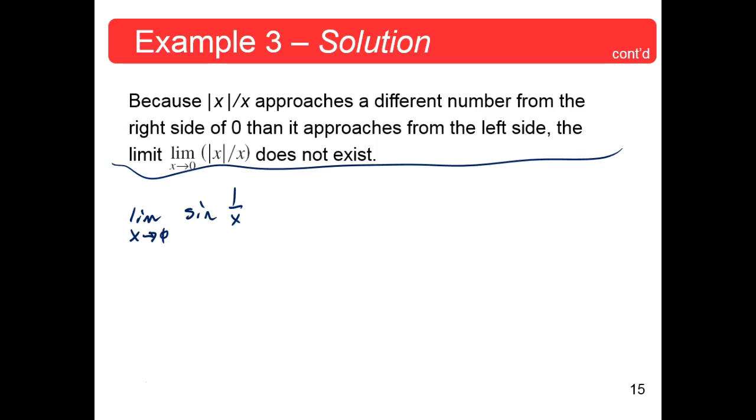As it goes negative for very large numbers, it's oscillating between +1 and -1. It goes positive for very large numbers. As x approaches 0, it's just going up and down and up and down. This has no limit. There's no way it can have a limit, because the argument here has no limit, and the sine is just going to fluctuate between plus and minus 1. The graph is given in the text.